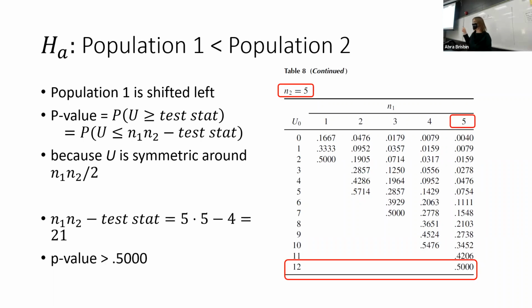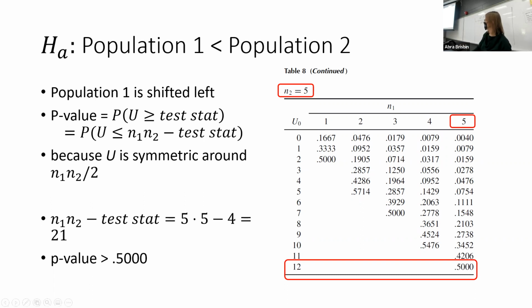So this is the opposite. This is testing whether class 1 is worse than class 2. It makes sense that we would have a large p-value. We would not have evidence to support the idea that class 1 is worse than class 2, because we already said that we had evidence that class 1 is better than class 2.